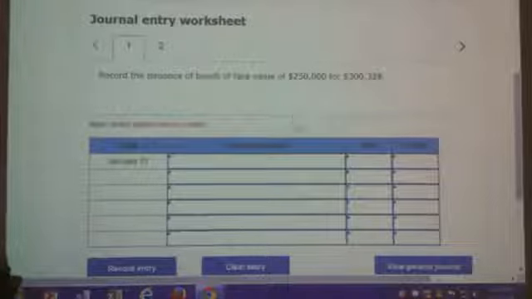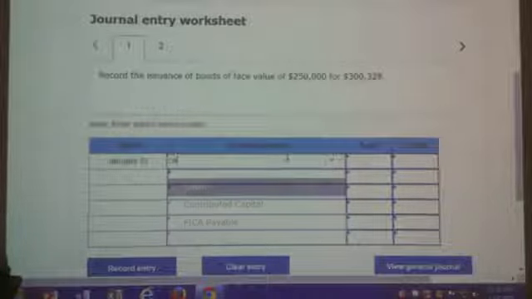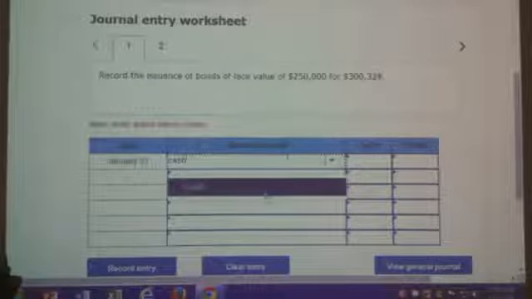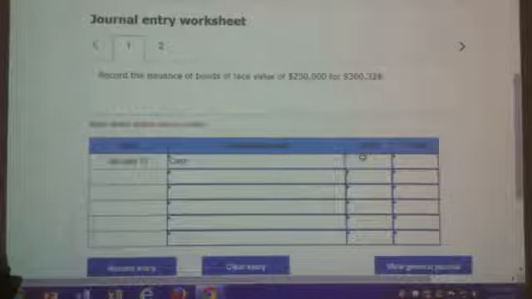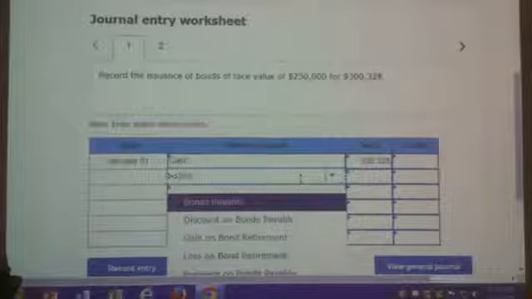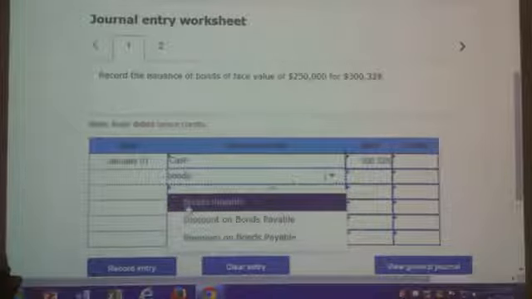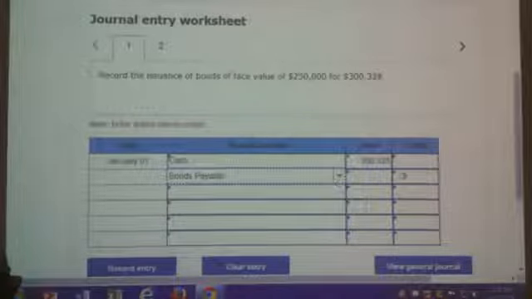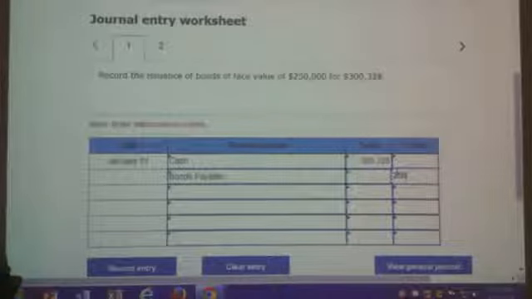First we need to record the bond issuance with a face value of $250,000. We are going to receive $300,328. That is the cash. We are issuing bonds payable, so that will be a credit for bonds payable for the face value, $250,000.